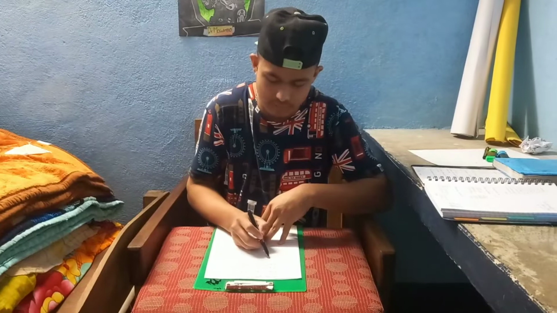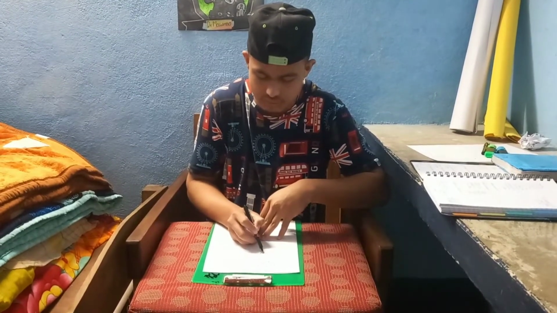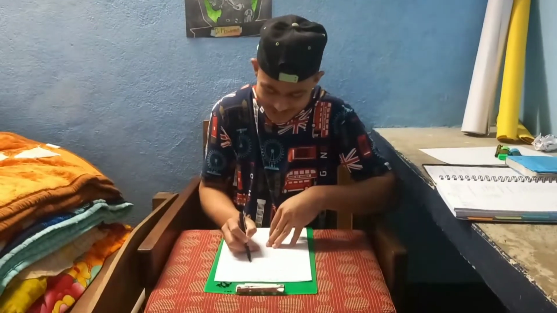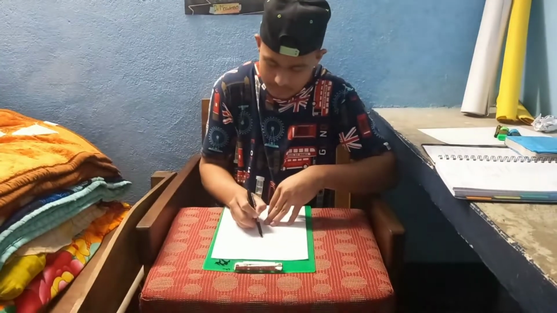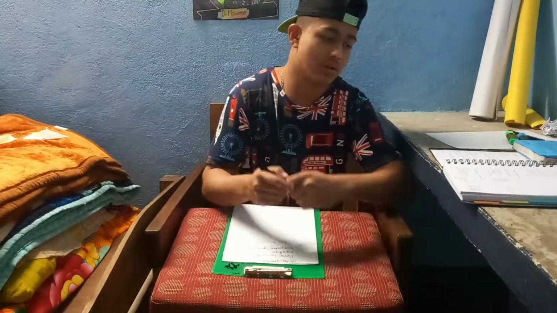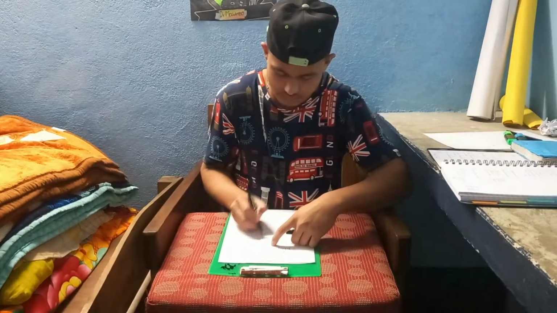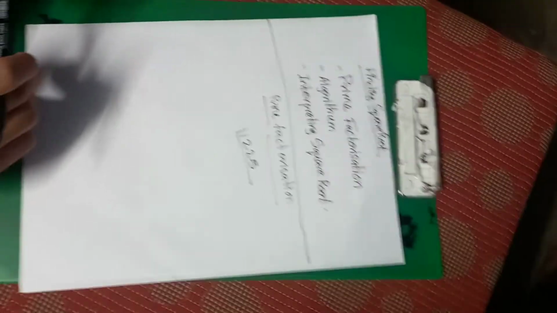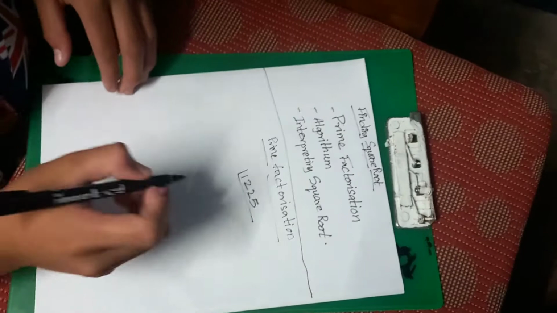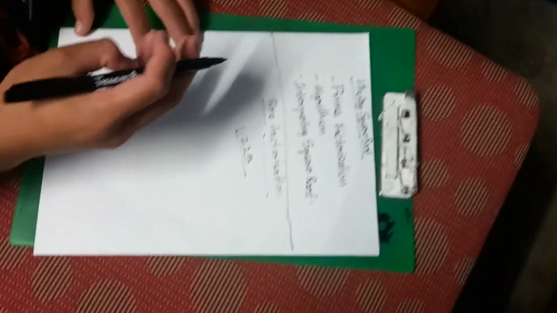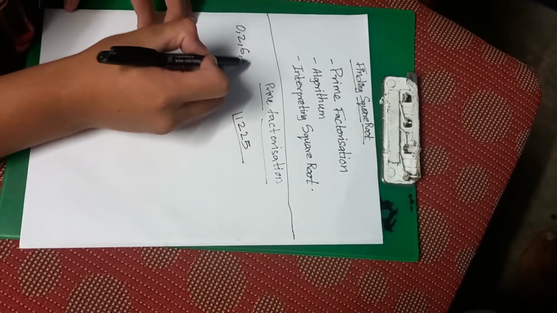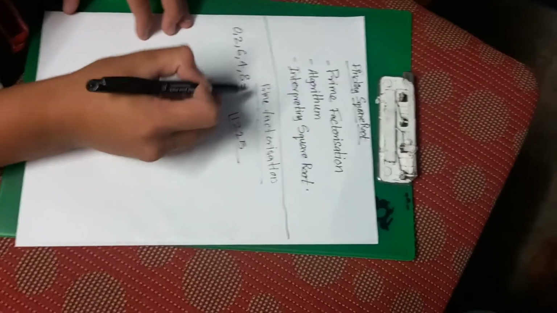For example, for prime factorization, let's choose the number 1225. While doing prime factorization, keep in mind that if the unit digit is 0, 2, 4, 6 or 8, you can directly divide by 2.